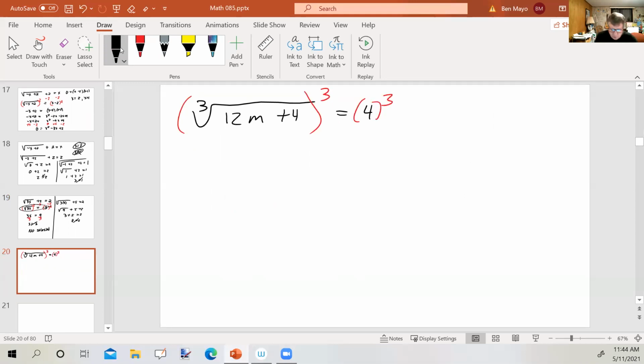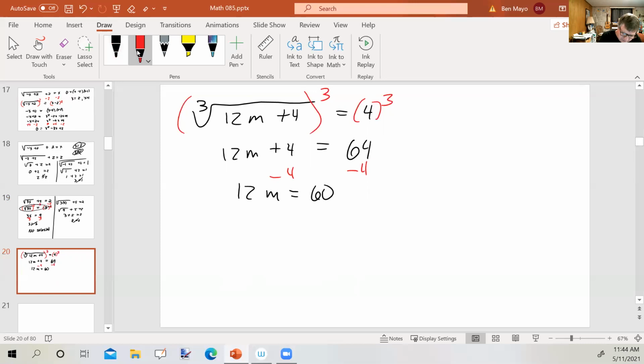The cube of a cube root, the radicand comes outside. 4 cubed is 64. So we get that equation. Solving for m, we'll subtract 4. 12m equals 60. Divide by 12. M equals 5.